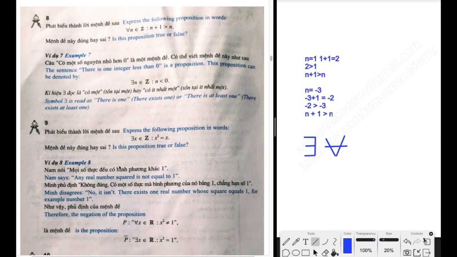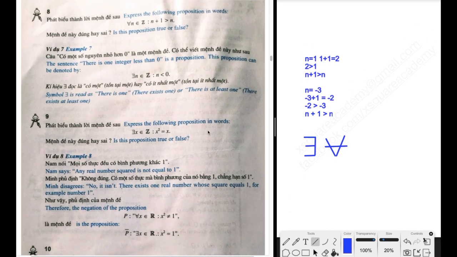And this is the exercise. Express the following propositions in words. There are two ways to express these propositions. First, there exists one integer number n where n equals itself.